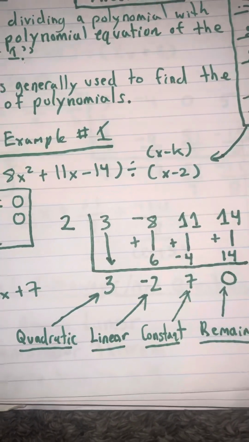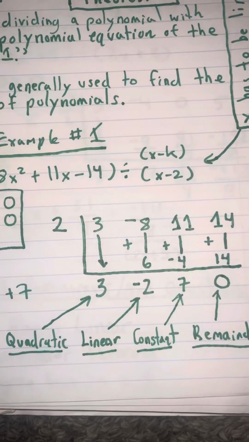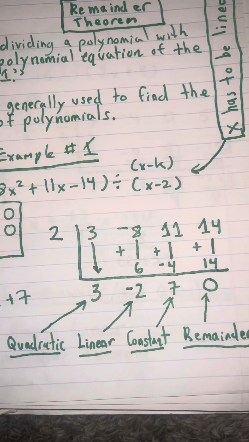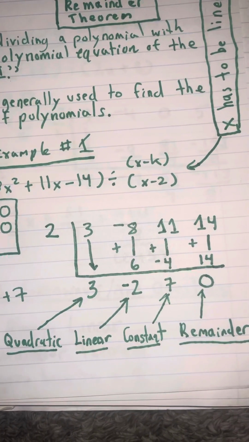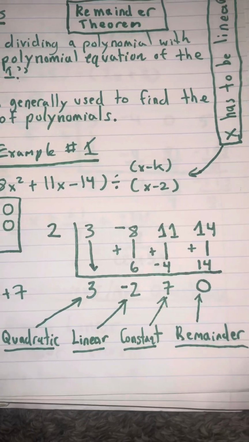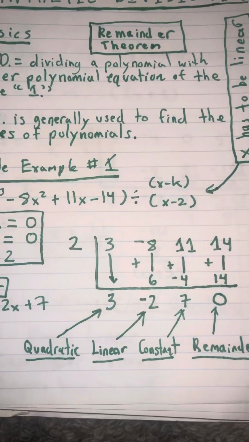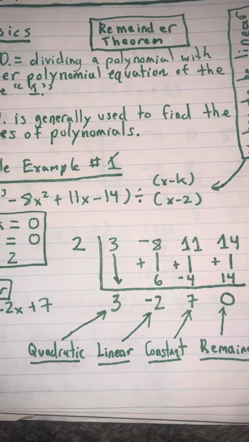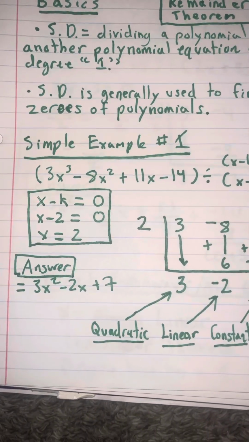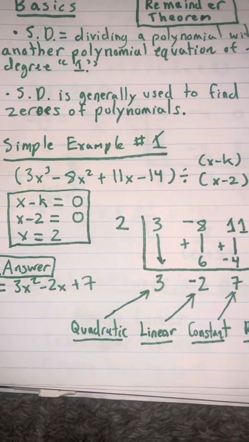We line up the numbers, and we realize 11 plus minus 4 is 7, and 14 plus 14 is just going to stay the same. So we have our remainder as 0, our constant as 7, our linear variable as minus 2, and then the quadratic is 3. So then the answer would be 3x squared minus 2x plus 7.